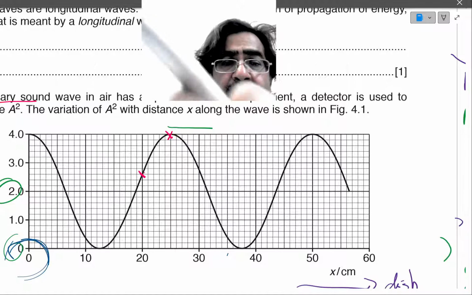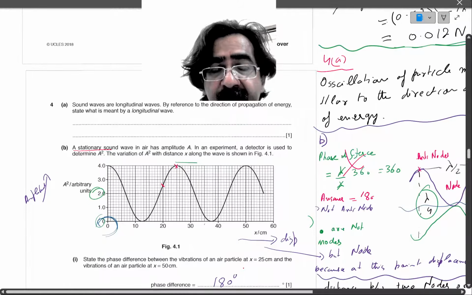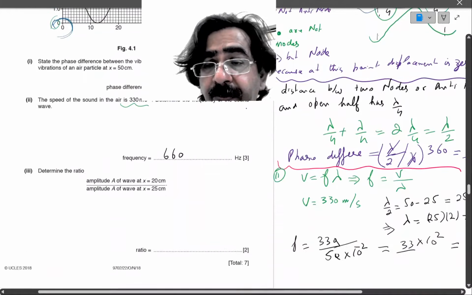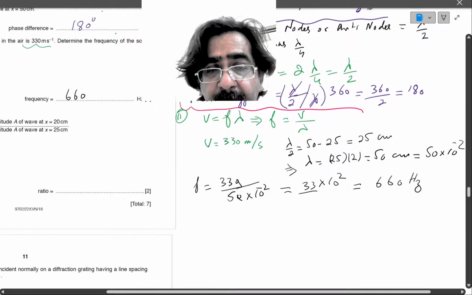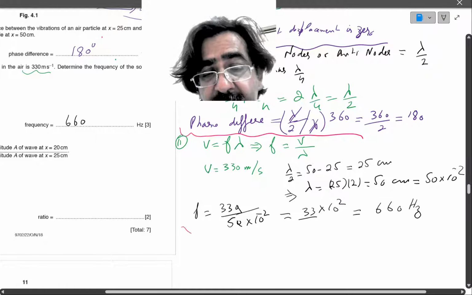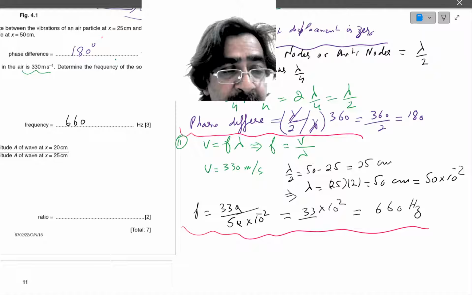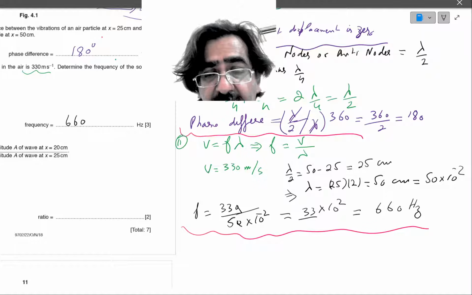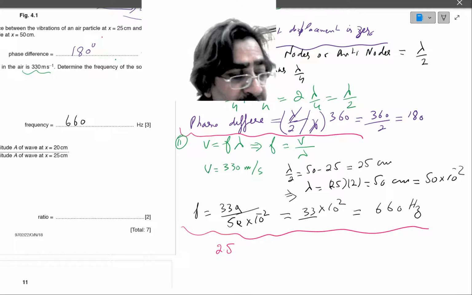So, okay. The ratio will become at 20, that is 2.5.